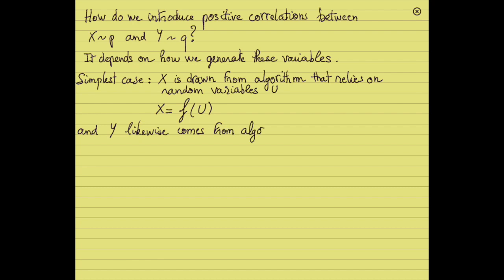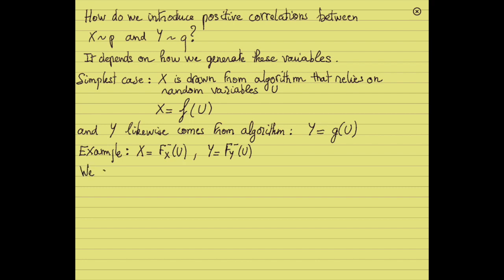So we can write, for example, y equal g of u. So you might know at least one case, and that's the case where x and y are obtained from inverse transform, so an inverse CDF transform of uniforms. Then they are written as deterministic functions of a random variable, which is uniform.